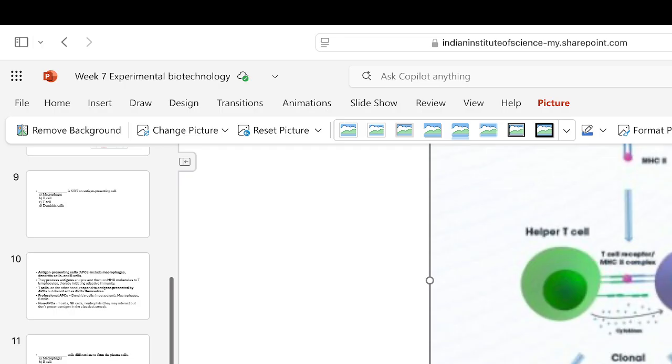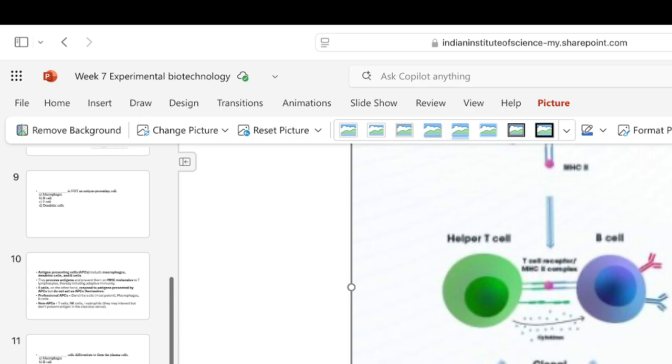Either you get your memory B cells, I mean you get a fraction of both. You get your memory B cells, and you also have these plasma B cells. These produce your antibody. These respond when you have a similar antigen later in your life.